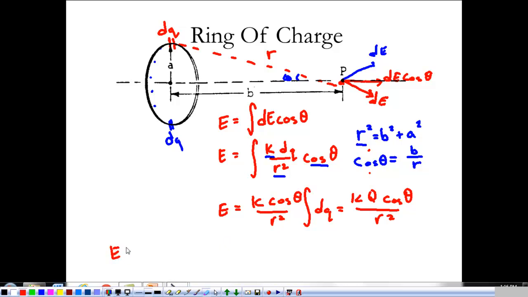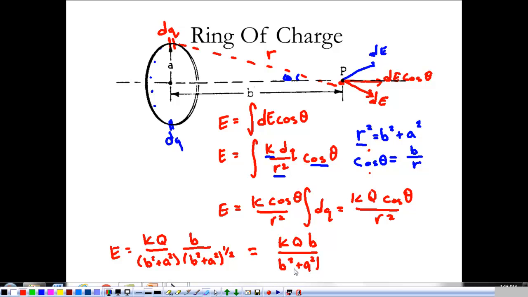So my electric field is kq over b squared plus a squared times the cosine of theta, which is b over b squared plus a squared to the 1/2, because that's what R is. So when we simplify that, our electric field is KQB over B squared plus A squared to the 3/2. That's my function for the electric field from my ring of charge.